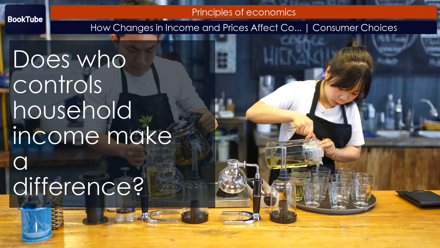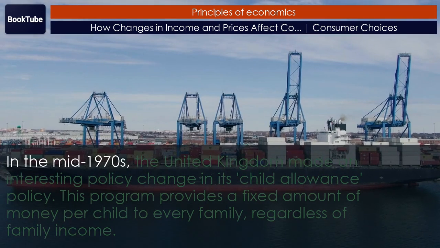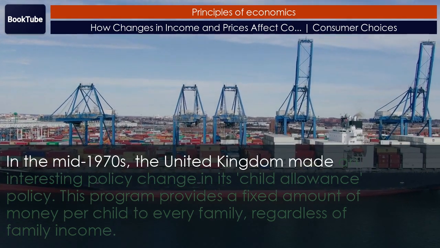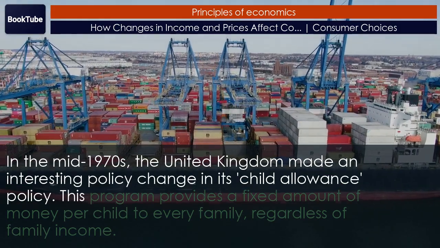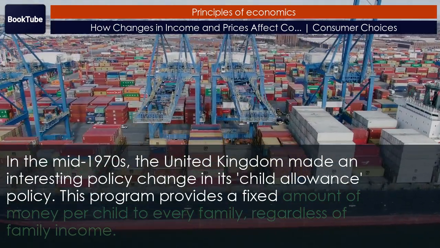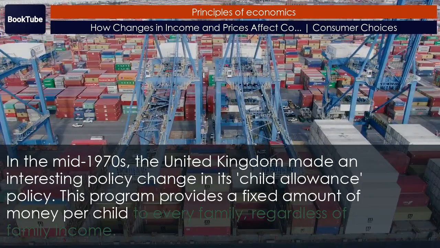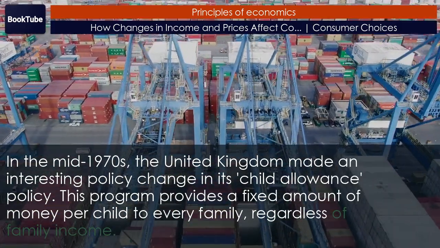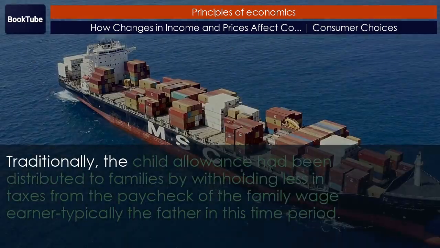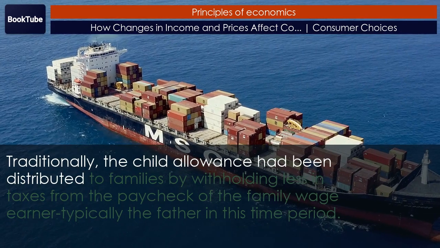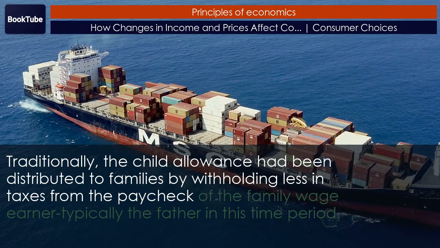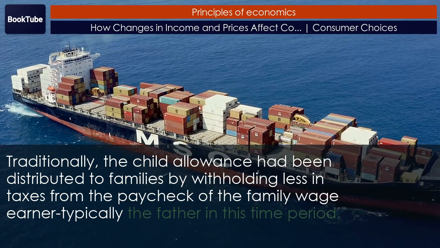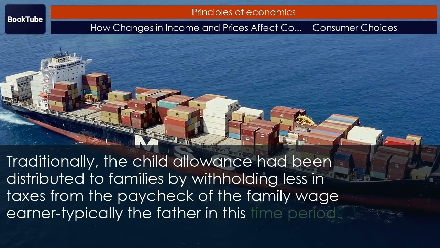Does who controls household income make a difference? In the mid-1970s, the United Kingdom made an interesting policy change in its child allowance policy. This program provides a fixed amount of money per child to every family, regardless of family income. Traditionally, the child allowance had been distributed to families by withholding less in taxes from the paycheck of the family wage earner, typically the father in this time period.